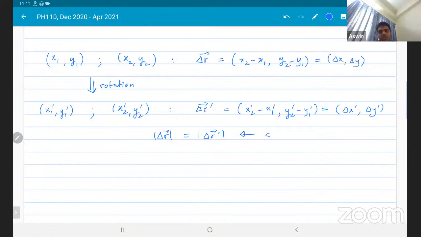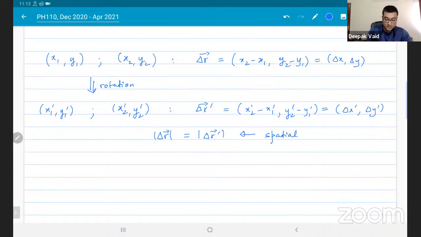So this means that spatial intervals, or more in line with the terminology I was using, space intervals are conserved, right?